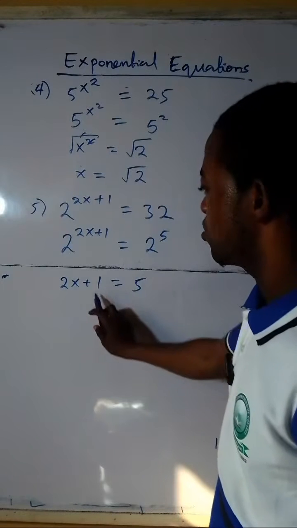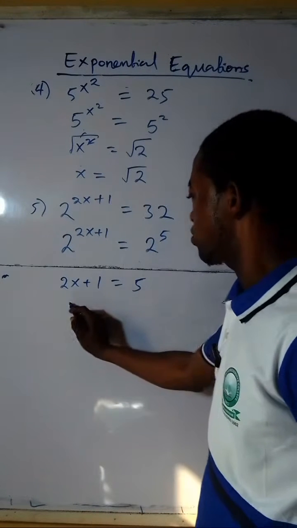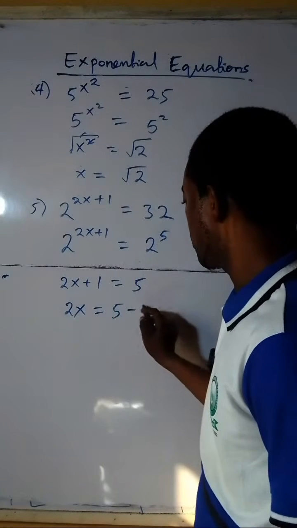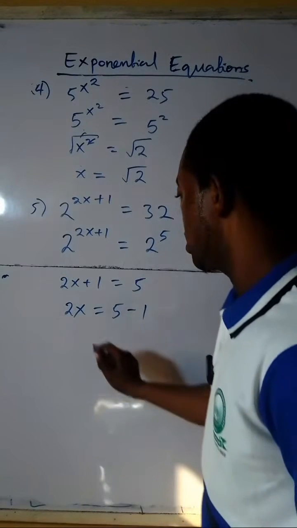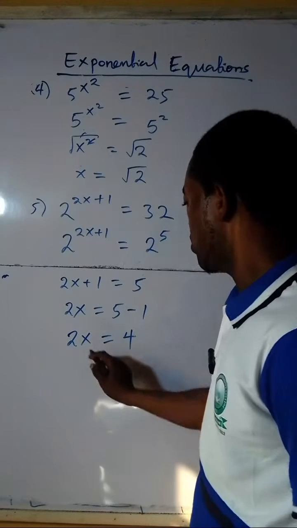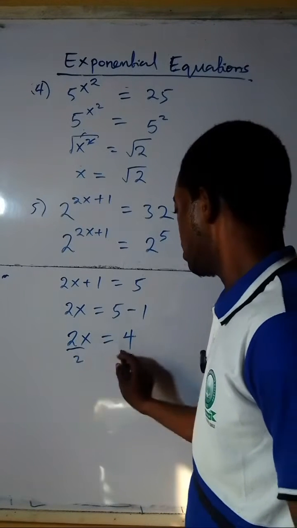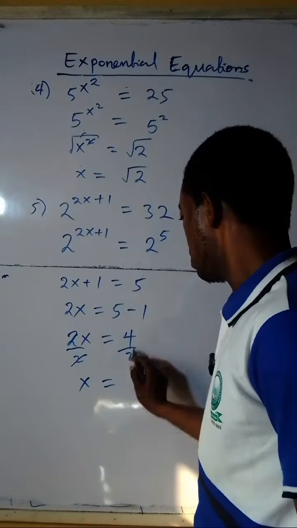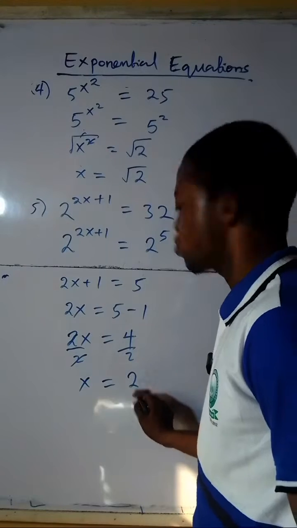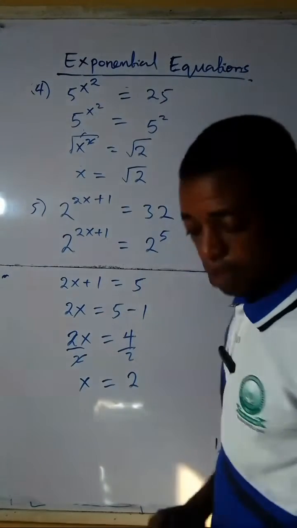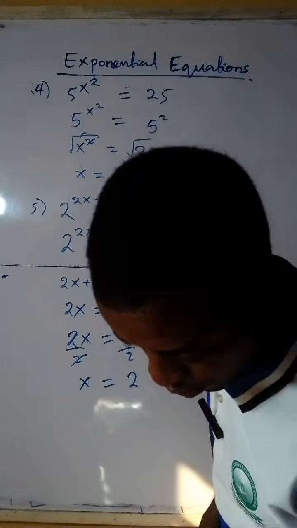That is, bringing plus 1 to this side becomes minus. And we have 2x equals to 5 minus 1, which implies that here we have 2x equals to 4. So divide both sides by 2 here to get x. This cancels out and we have x equals to 4 over 2 here, that's 2. So we have the answer to this problem as 2.